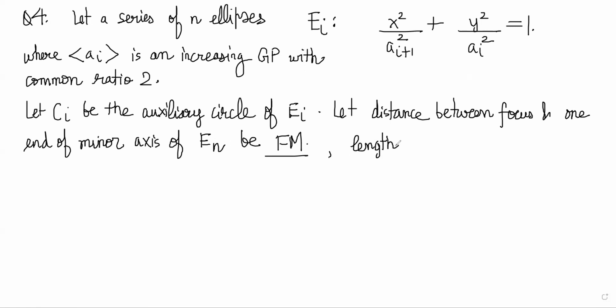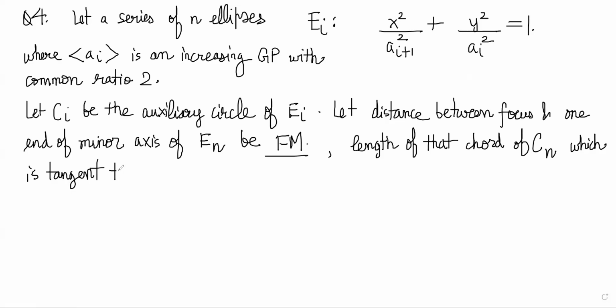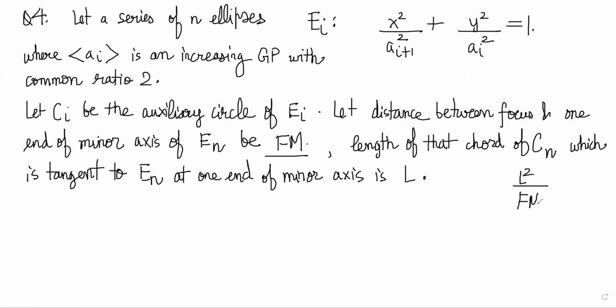Length of that chord of C_n, which is tangent to E_n at one end of the minor axis, is L. We have to find out the value of L square by F_m square.